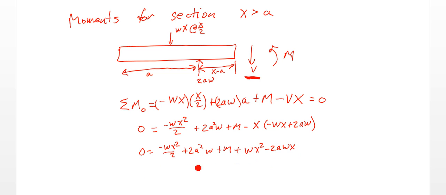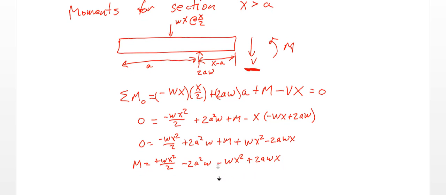Let's pull everything that's not M to one side. So M equals positive wx squared over 2 minus 2a squared w minus wx squared plus 2awx. I just pulled all these onto the other side and flipped it around.